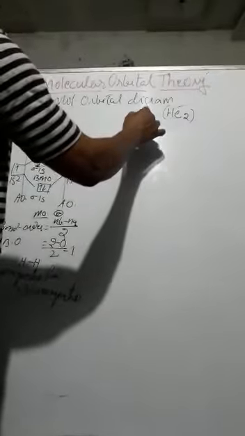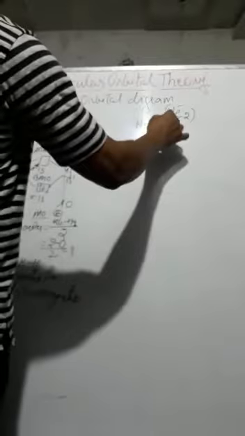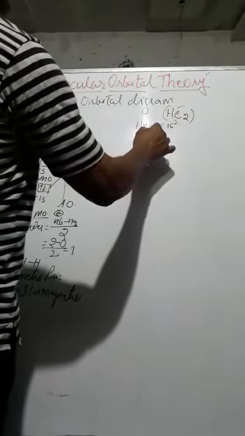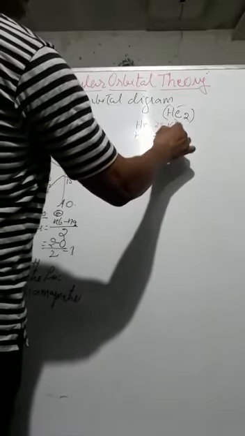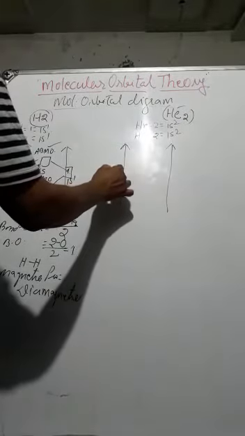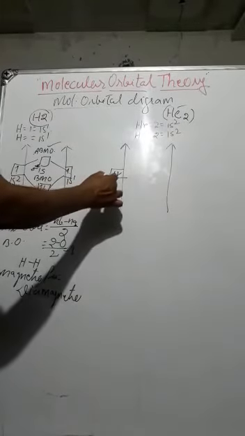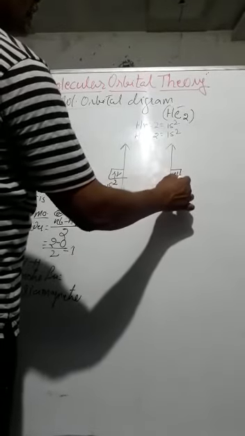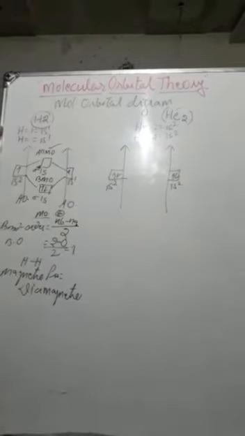Like if you have to explain He2, then write the configuration. He2, this is what? 1s2. One more He is there, therefore the atomic number is 2, 1s2. Now draw the energy level diagram. The energy level diagram becomes what? 2 electrons, say 1s2. Again there are 2 electrons, so write 1s2. Getting?